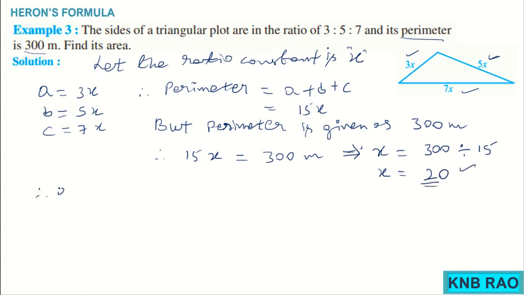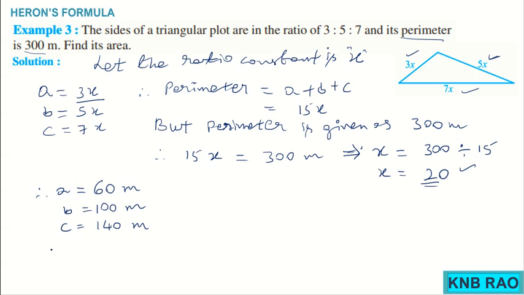Therefore now I got to know what is a, what is b, and what is c by substituting the value of x, 20, in 3x. So 3 into 20 becomes 60 meter one side, 5 into 20 that is 100 meter is another side, 7 into 20, so 140 meter is the third side.